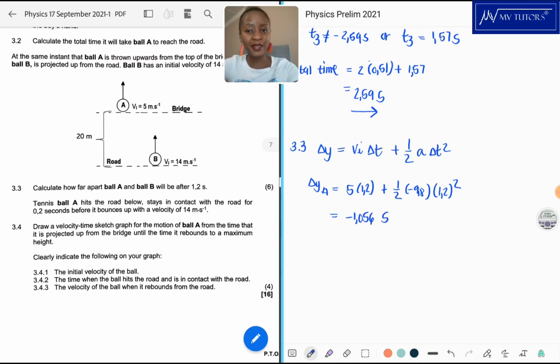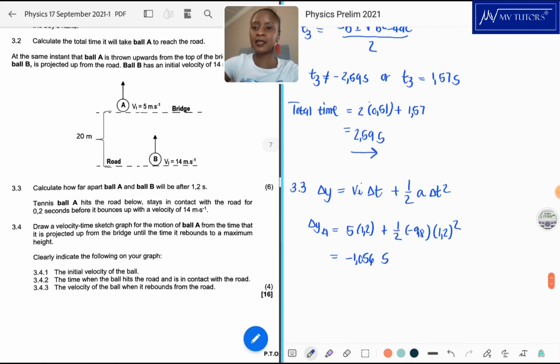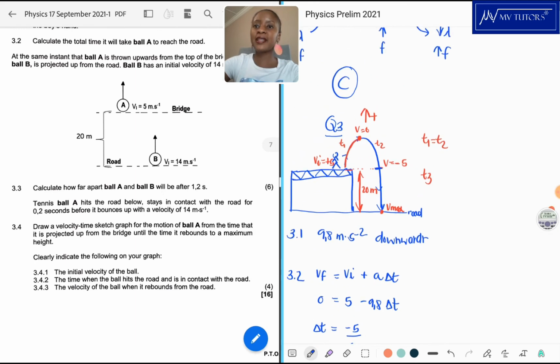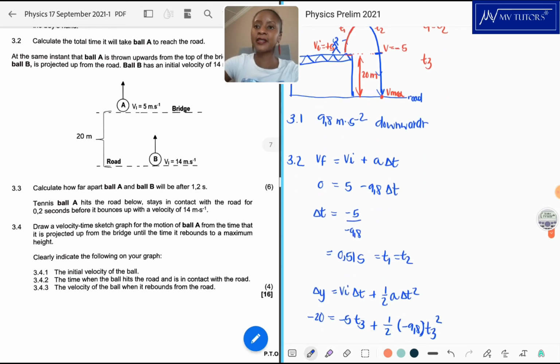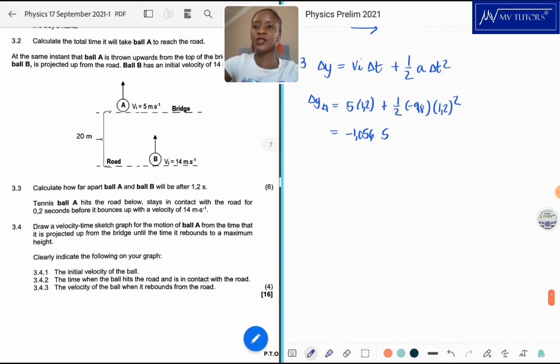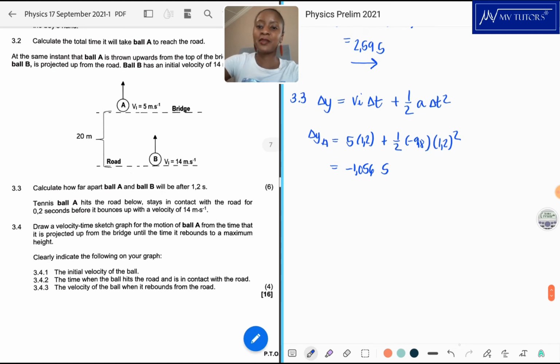Don't be scared if you see a negative. Let's just see what's happening here. I know that for it to reach its maximum height, there's actually a time of 0,51 seconds. So once it gets to the other side, where it's actually going down, I'm expecting to get a negative answer, because now it's facing downwards. Oh, look at me using seconds.